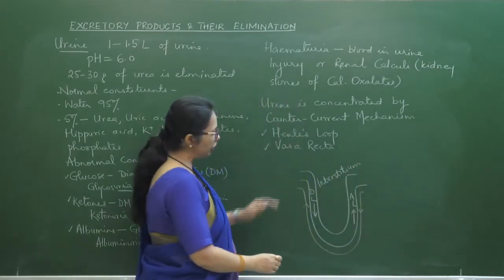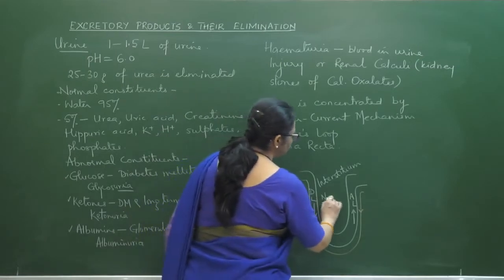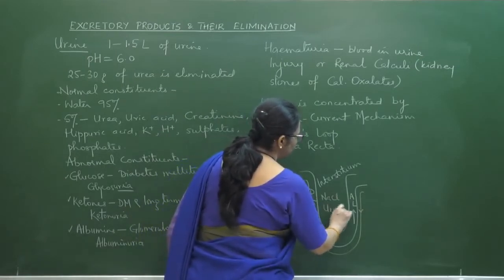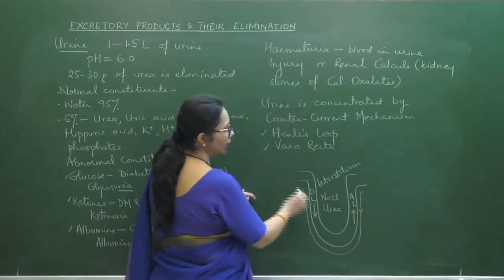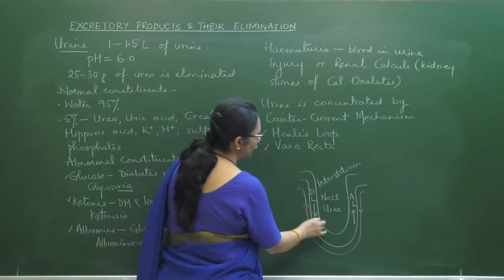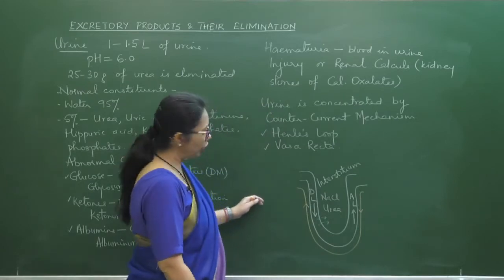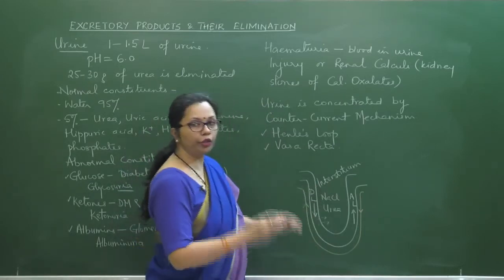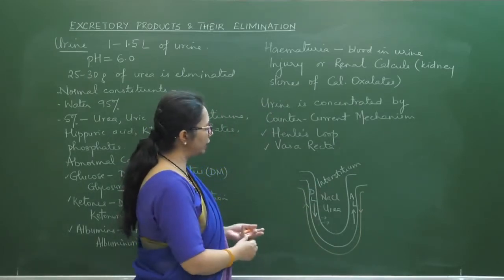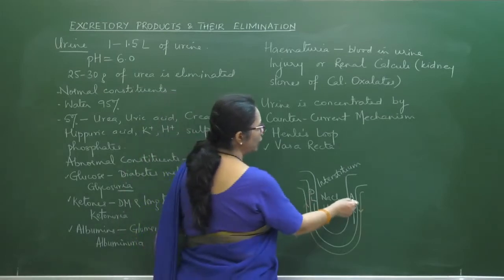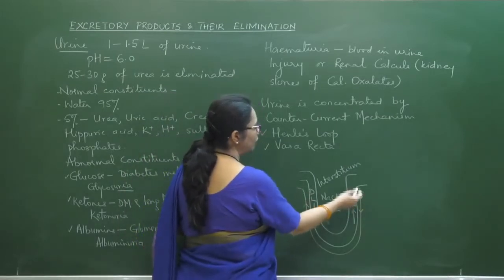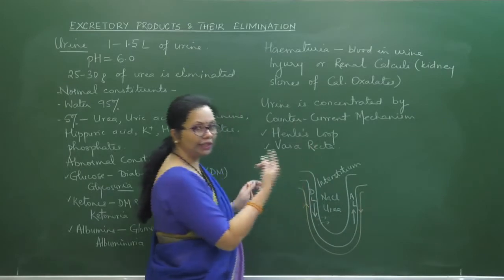This interstitial tissue has a lot of NaCl and urea, and it is because of NaCl and urea collected over here that water will be moving out passively from the descending limb. So this NaCl and urea needs to be accumulated here, and that is done because the ascending limb is transporting NaCl actively.